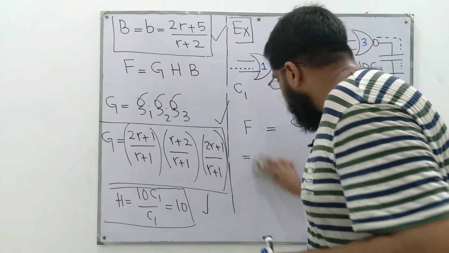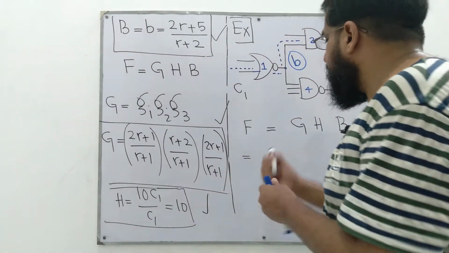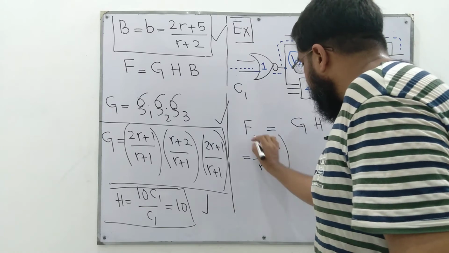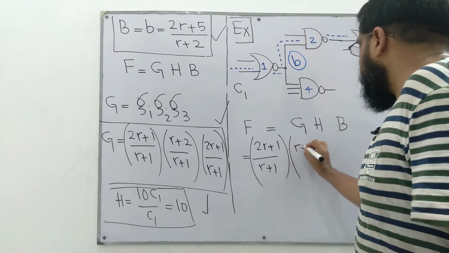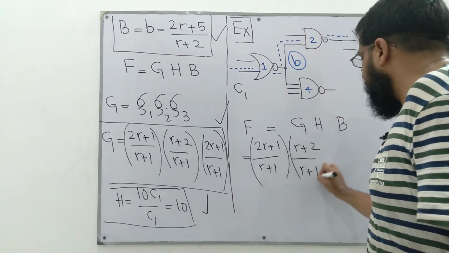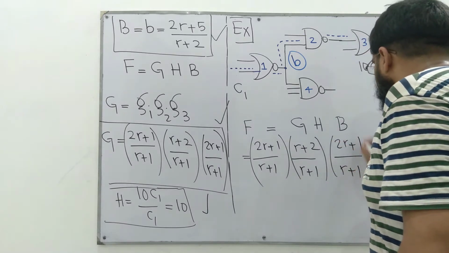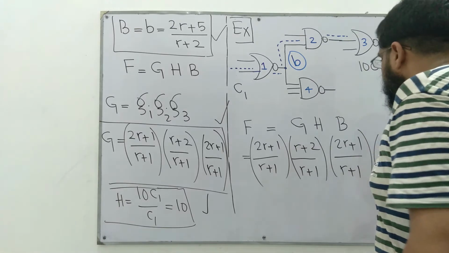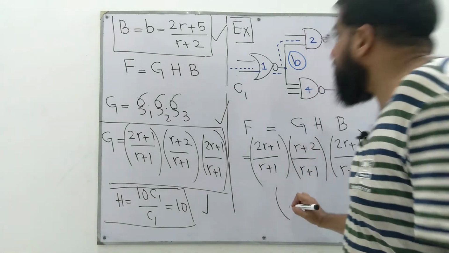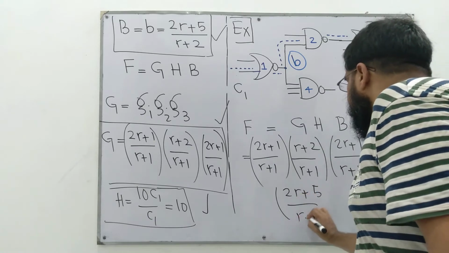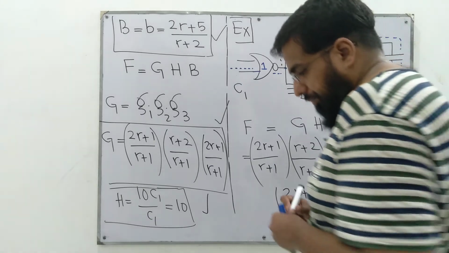G is 2R plus 1 over R plus 1, times R plus 2 over R plus 1, times 2R plus 1 over R plus 1, times H, which is 10, times B, 2R plus 5 over R plus 2.